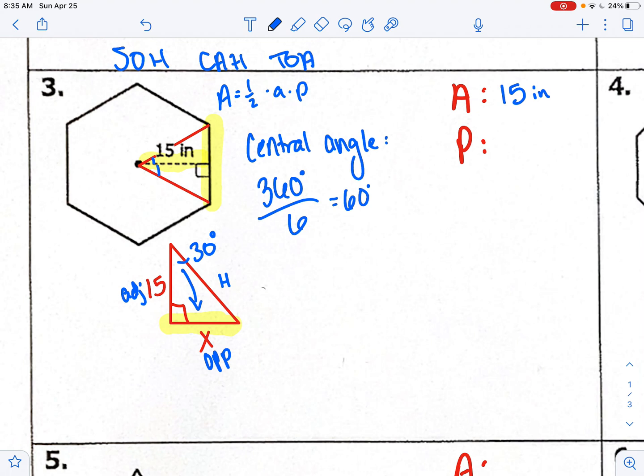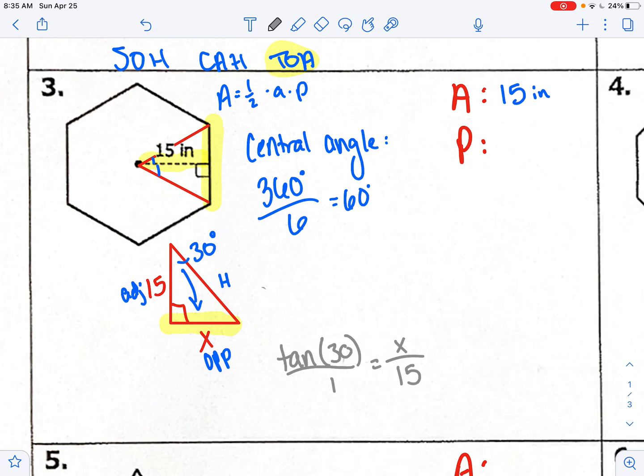So SOHCAHTOA, I have opposite and adjacent. I'm going to use tangent. The tangent of 30 equals opposite over adjacent.